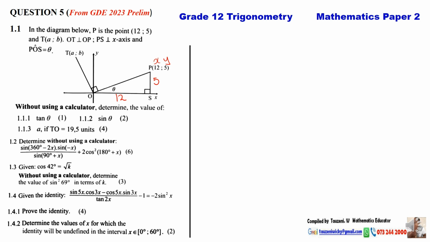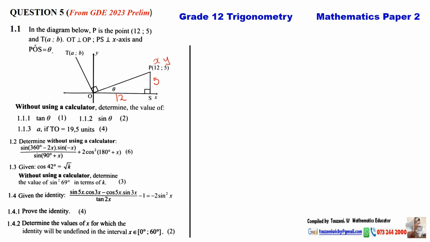So we have the two sides given from the coordinates of point P. And immediately I can see that the line OP can be calculated using the theorem of Pythagoras. That will give me the line OP. Then I'm going to need trigonometric ratios to answer the questions given.